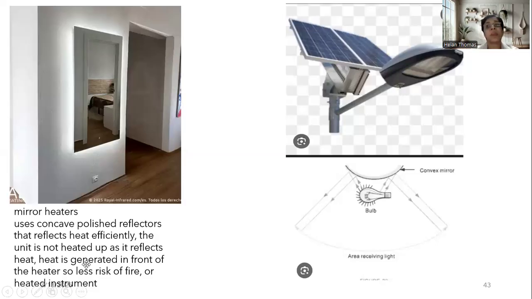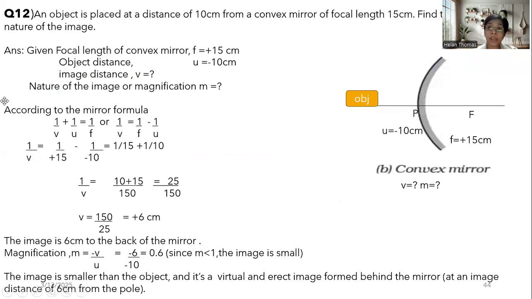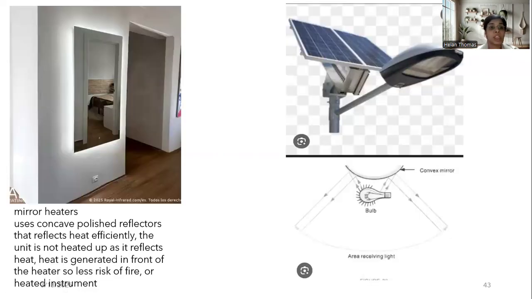See, in a concave mirror, when the light ray goes and hits the concave mirror, if the parallel ray falls on a concave mirror, the light will converge to the focus, and that convergence of the light ray will produce heat, and that heat could be used to heat up the room.